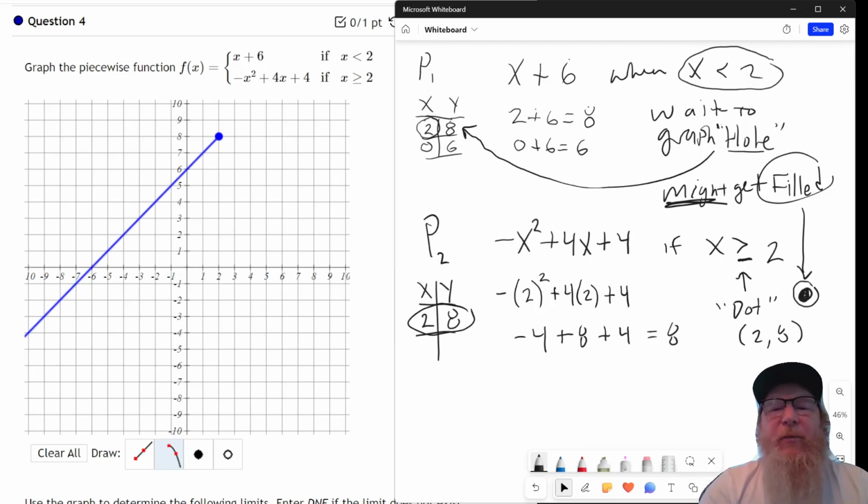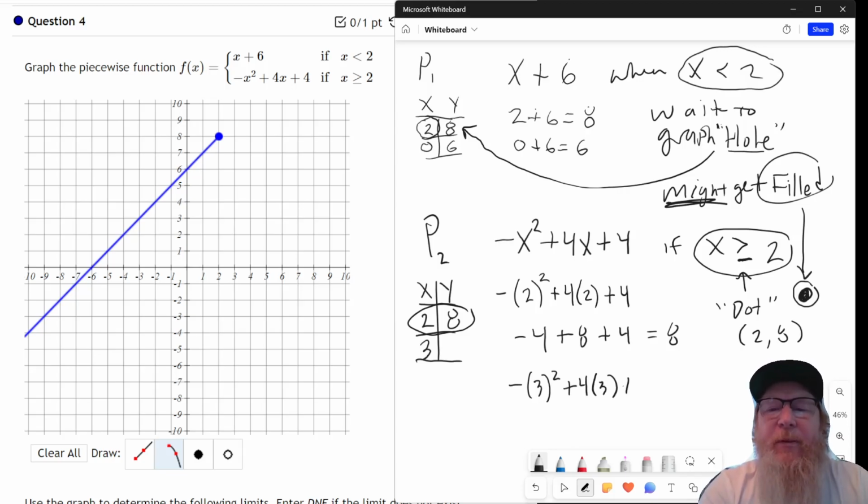Now, in order to get the rest of the parabola, or the half parabola, I need at least one more point. So I could do anything greater than or equal to 2. So I could just do 3. I could do 4. I could do 5. I'm just going to do 3. There's no reason to go much farther than that. 3 squared plus 4 times 3 plus 4.